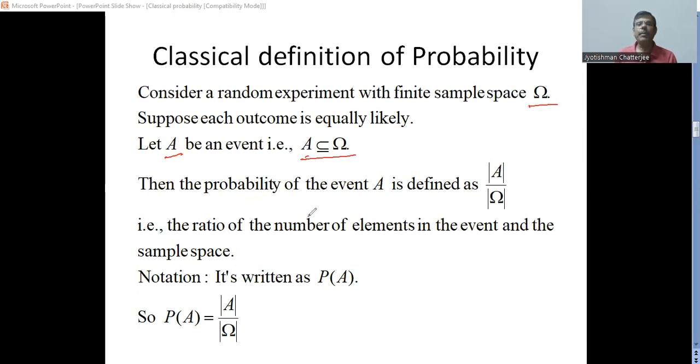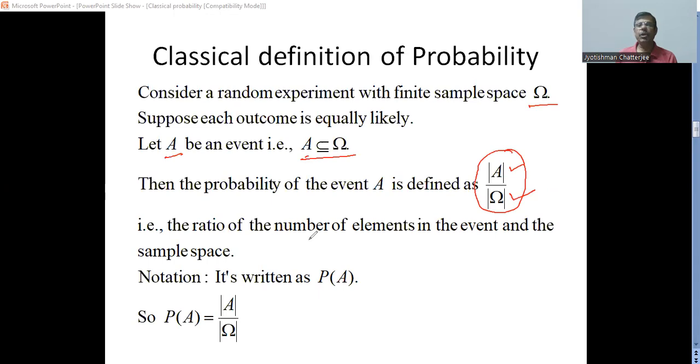So A is a subset of omega. How do we define the probability of the event A? It's defined as this quotient. Ratio of size of A by size of omega. You remember what is size of A? That is the number of elements in the set A. And what is size of omega? That's the number of elements in the set omega.